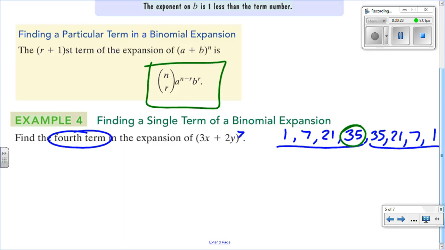Using this formula, we should be saying something like 7 choose 3. But we don't need to do that. We could just use Pascal's triangle. So we know we're going to get a 35. And then our first term, which is 3x, will be raised to what power, guys?